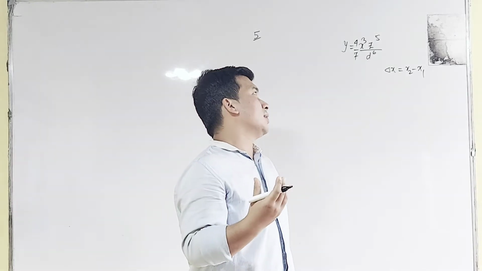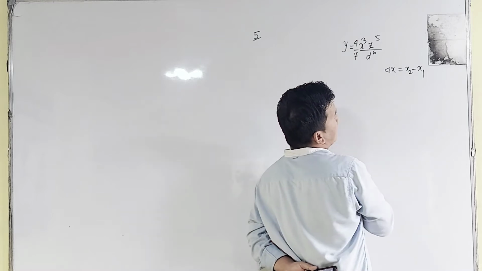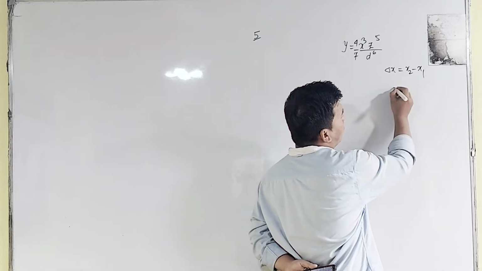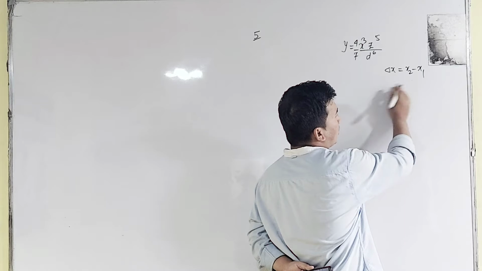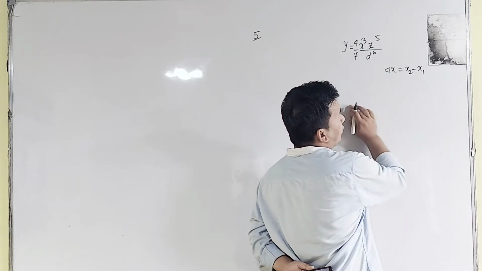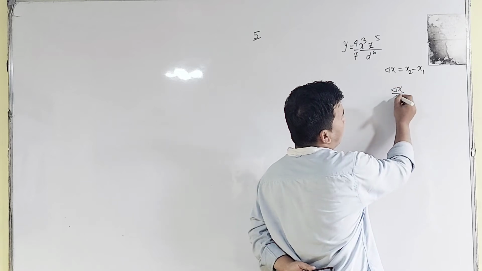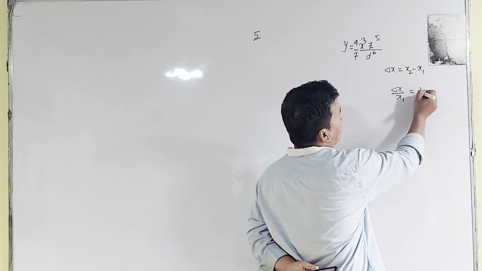Here x1 is the original value. So let me put it like this: delta x divided by x1 will be known as the relative error.